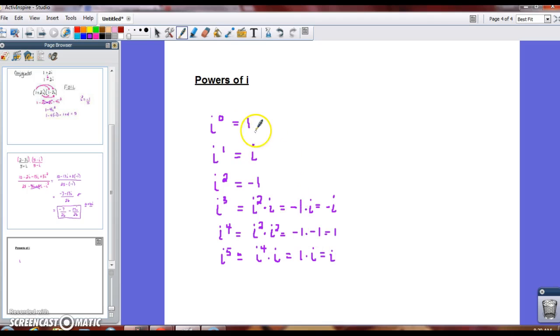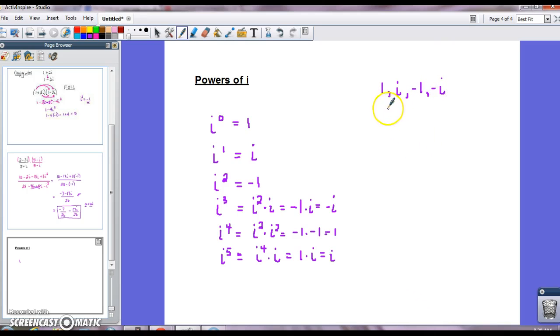And if you notice now, we start going through the same cycle again. So whenever you have a power of i, there's only 4 different ways it can reduce. It can become 1, it can become i, it can become -1, or it can become -i. Those are the only 4 choices. So let's say I asked you to find what is i to the 16th power.